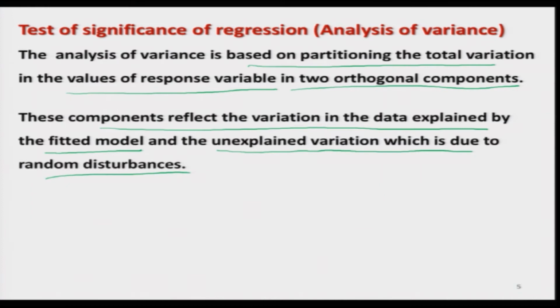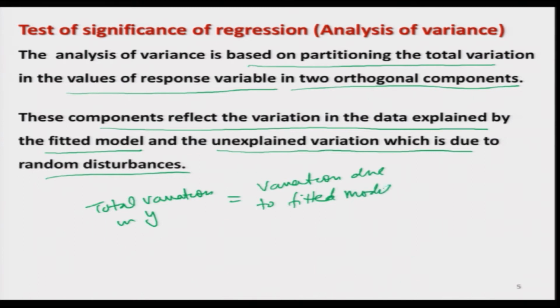So essentially the total variation in y is divided into two parts: variation due to the fitted model and variation due to random errors.